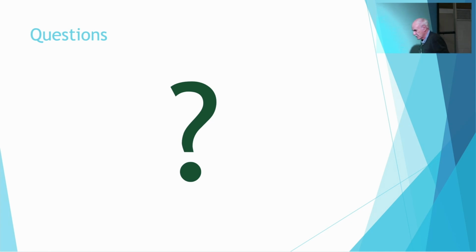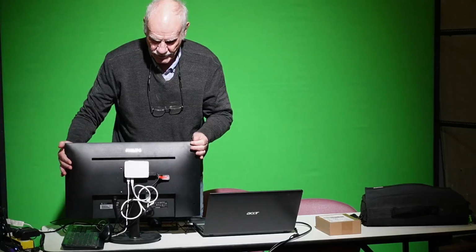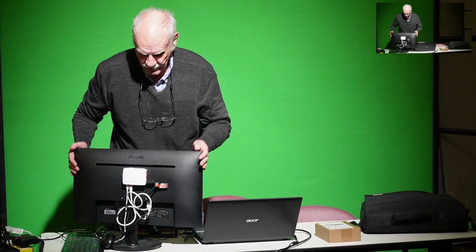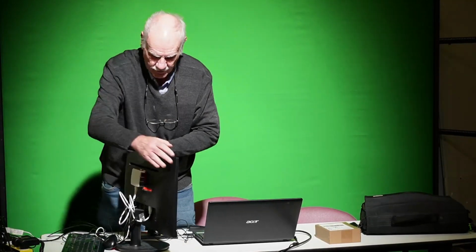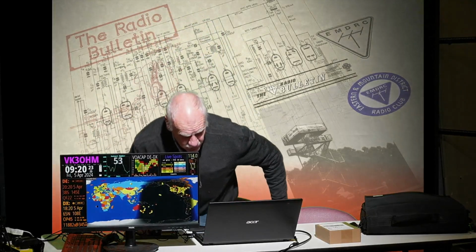Just before we get into questions, I'll just show you a couple of things. That's the normal setup, where you just Velcro your Raspberry Pi to the back of the monitor. And just on here, I'll show you the remote control.